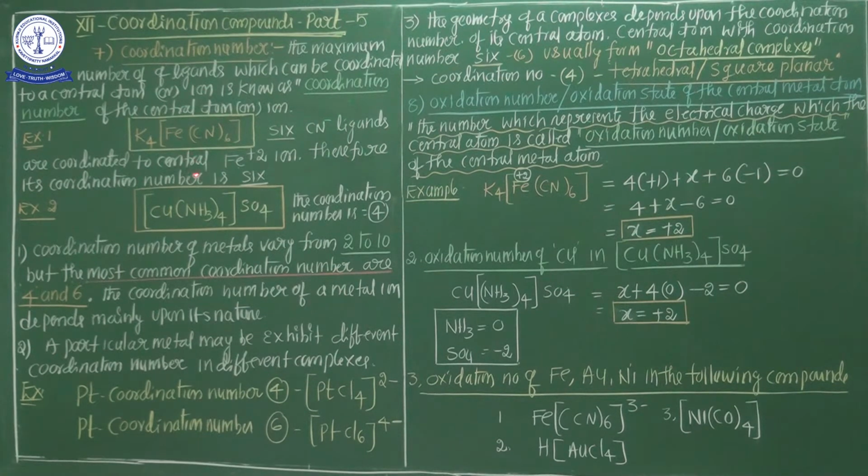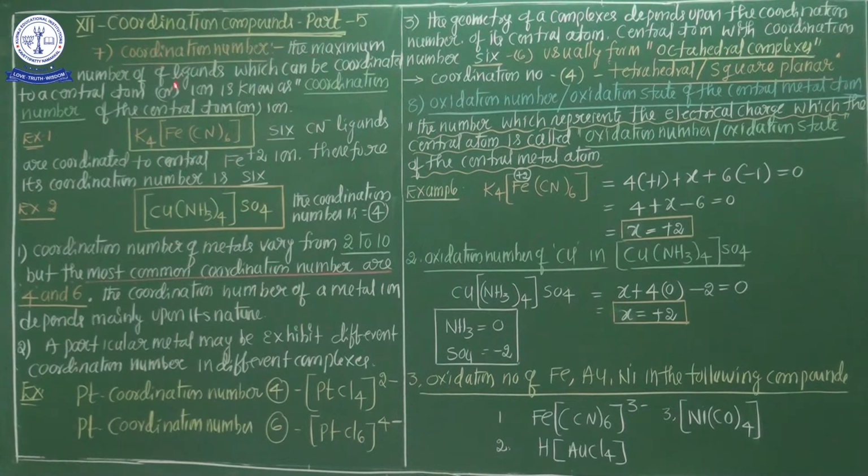How many ligands attach to the central metal atom, that number is the coordination number. Ligands always directly attach to the central metal atom. So how many ligands attach to the central metal atom, that number is the coordination number of the central metal atom.